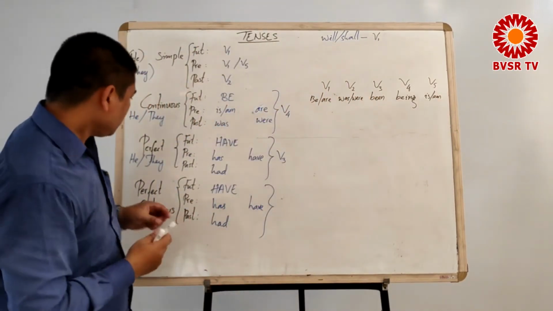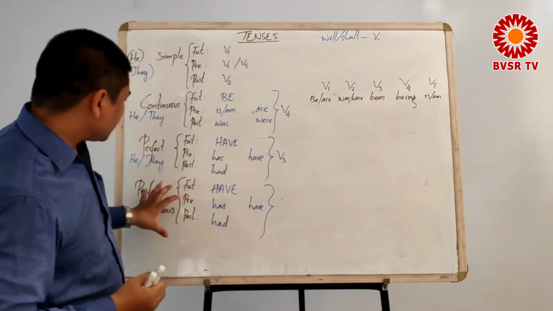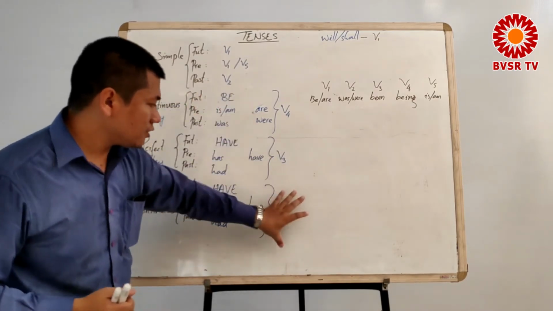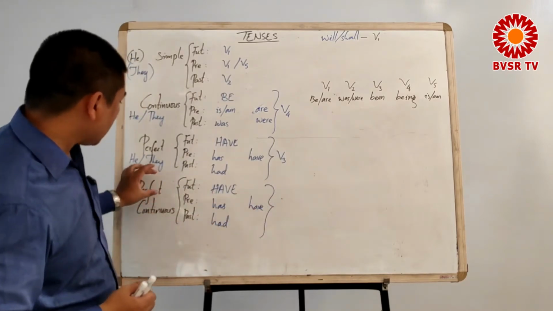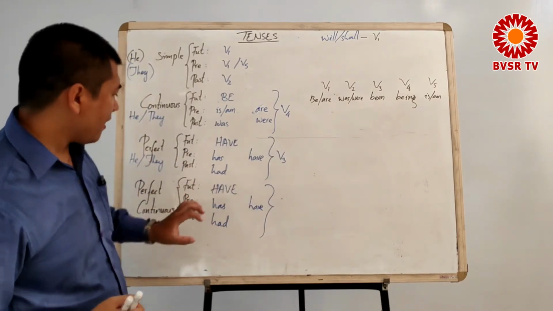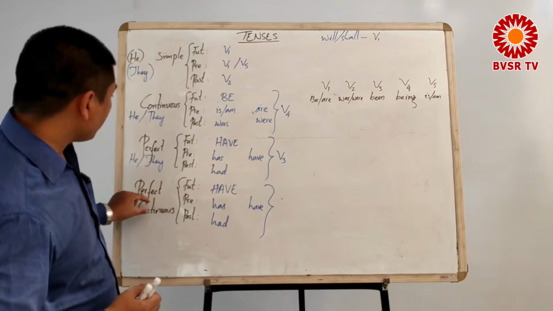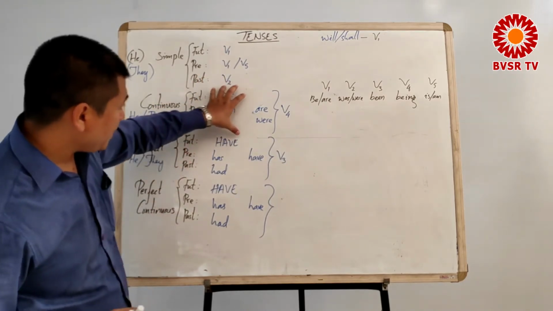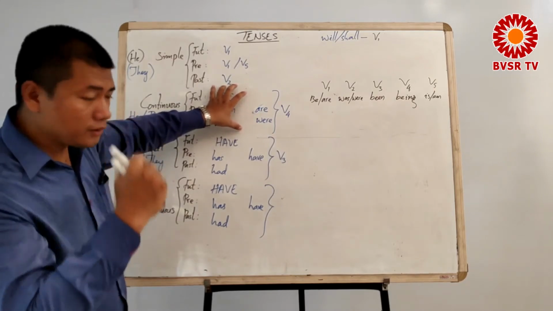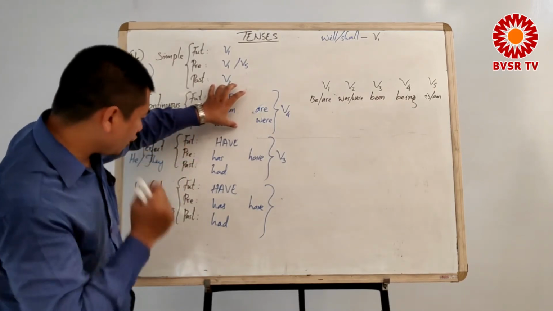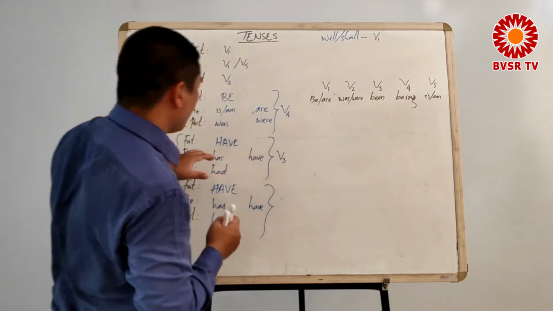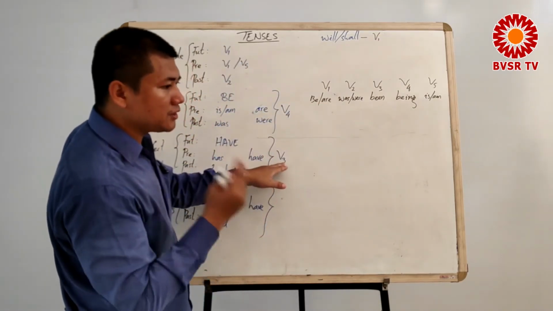Now, as I said, we are not adopting the whole helping verb of continuous tense over here. Instead, we have just adopted the helping verb of have, and we are going for the helping verb of be, the helping verb of continuous, but we are just going to adopt the perfect of be. V3 is perfect.